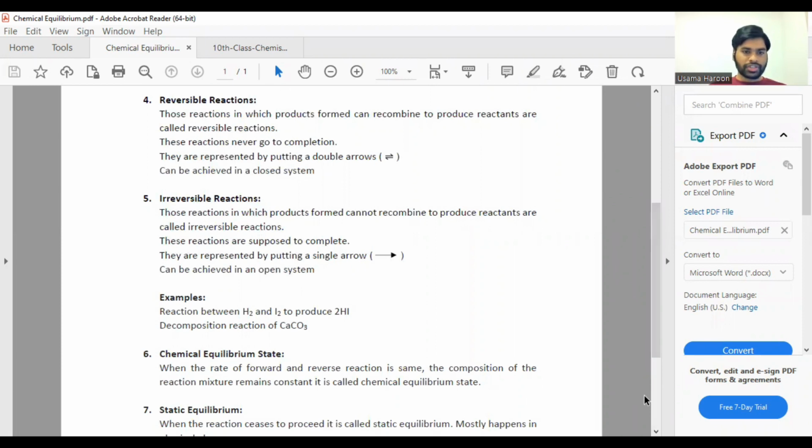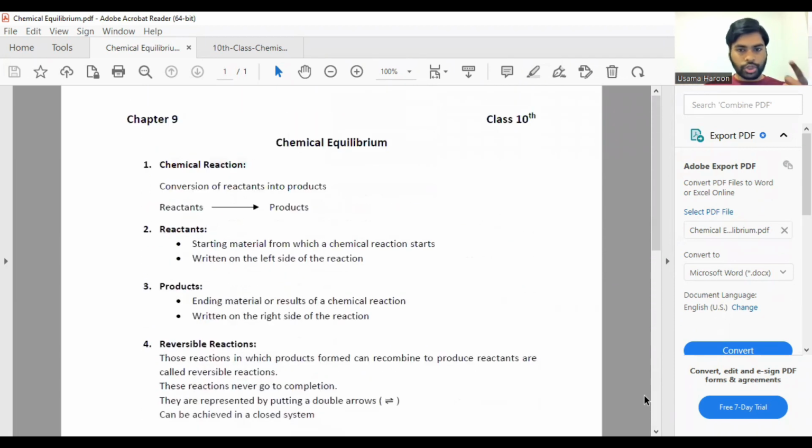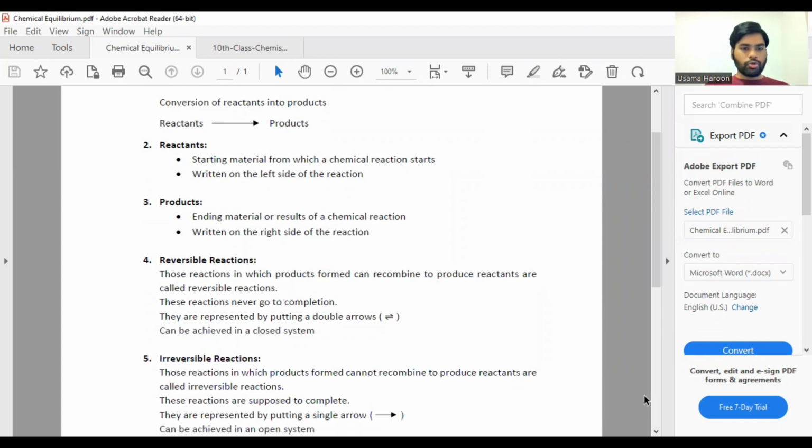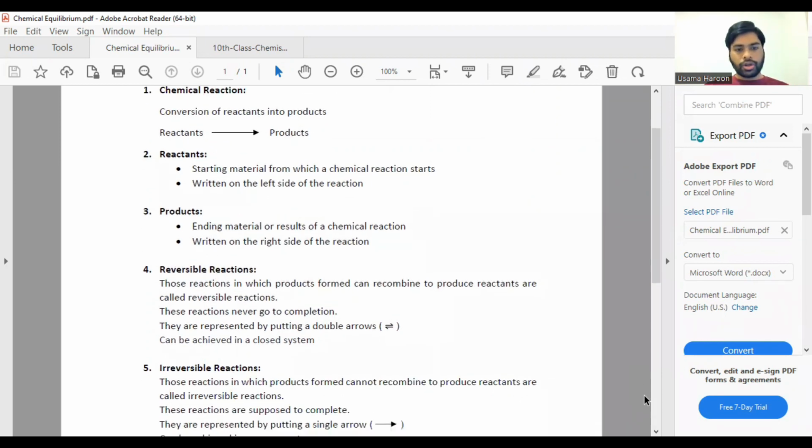The first one is reversible reaction, then the irreversible reactions, and there will be examples of these two reactions. We'll discuss it from the book, and after that we'll move on towards the basic definition of chemical equilibrium. What is chemical equilibrium? The name of the chapter is chemical equilibrium, so we should know about it. But before we move on towards chemical equilibrium, we must know about these basic terminologies.